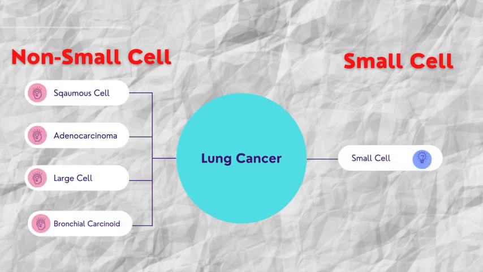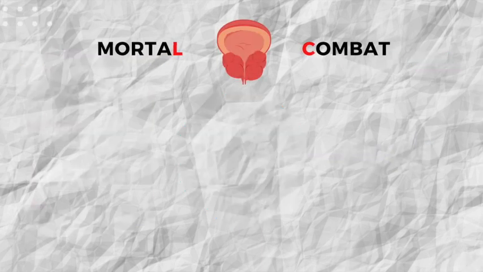For all USMLE Step exams, examiners love to test the epidemiology surrounding lung cancer. So it's very easy for you to get those questions mixed up because they are so similar. But let's break it down. If you have a question that asks you about mortality, all you have to think about is that video game called Mortal Kombat.